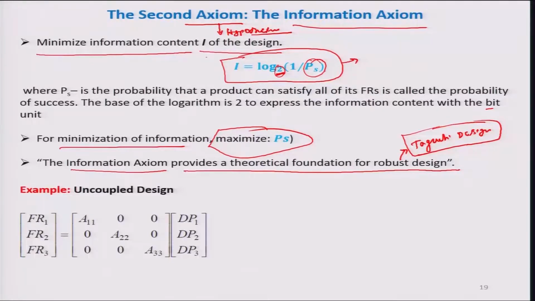Suppose that for a design system you have 3 functional requirements as well as 3 designing parameters, and it is a diagonal matrix. So it falls into an uncoupled design.